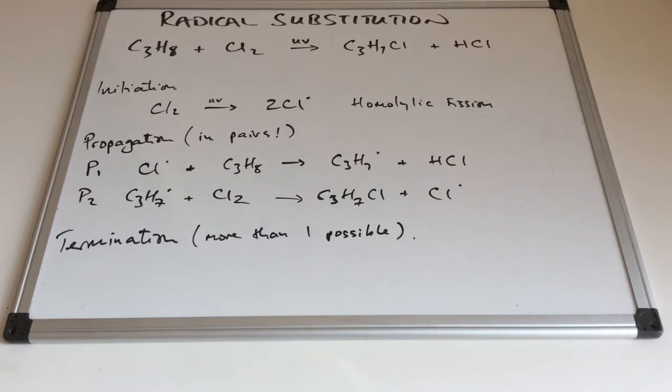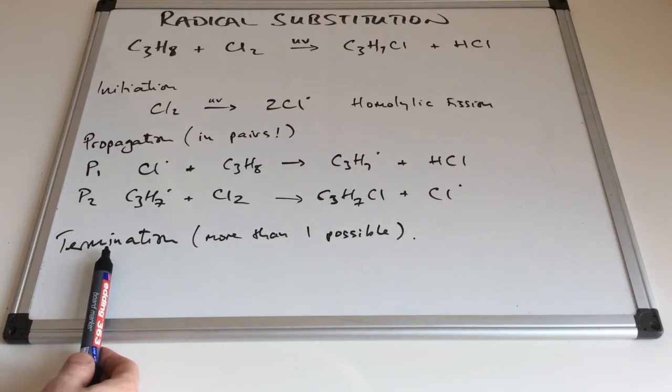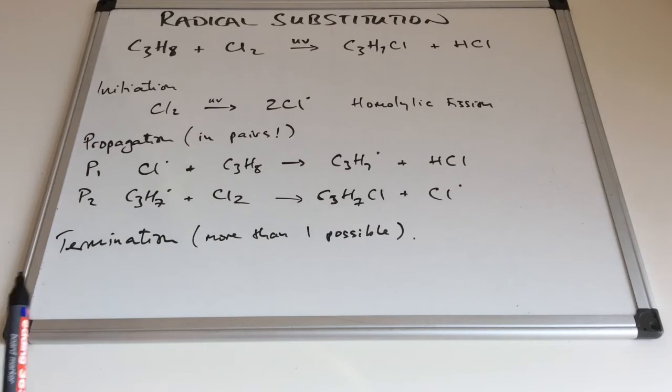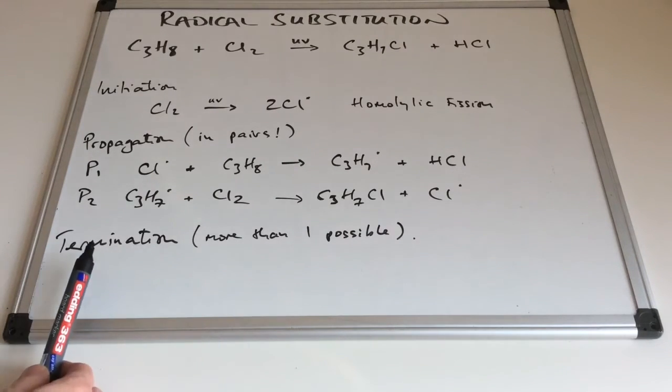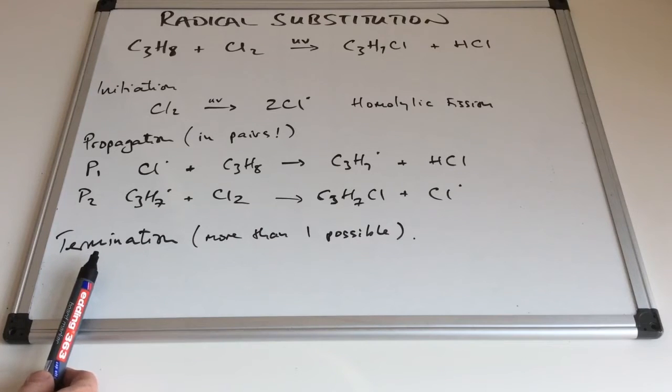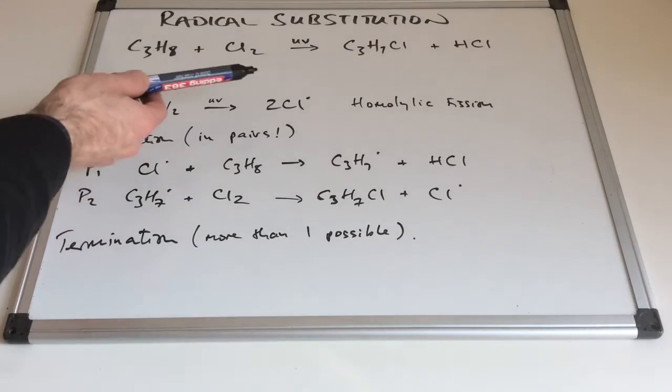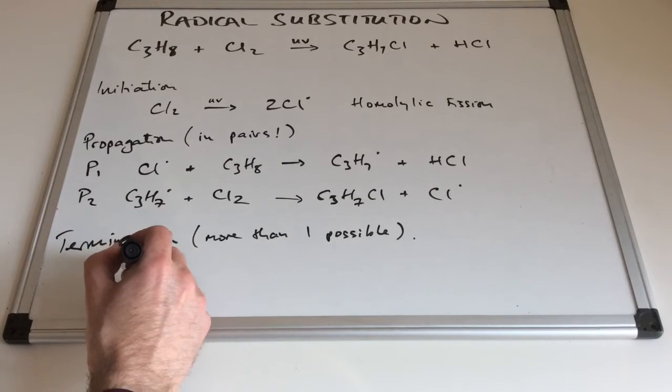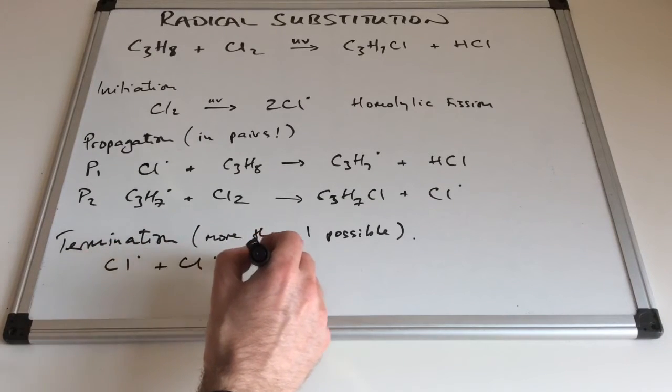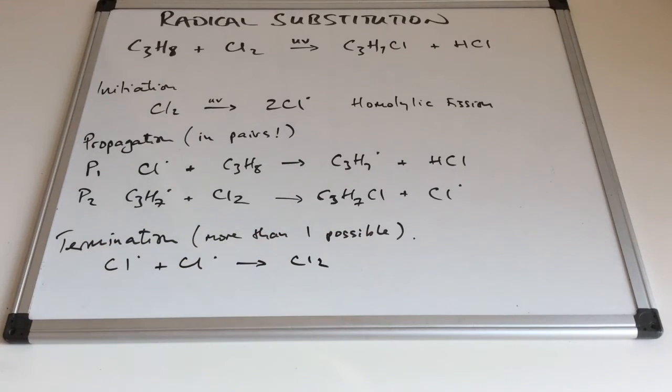And the final step is a termination step, and again in brackets I've written more than one possible, and that's because all a termination step involves is the combination of two radicals to create a stable molecule. So there are actually three possible termination steps here. We could combine two chlorine radicals, so Cl dot plus Cl dot to make Cl2.